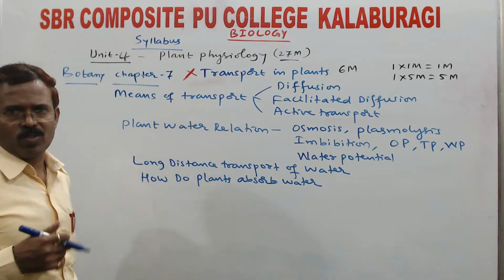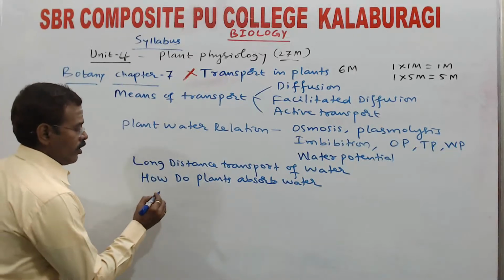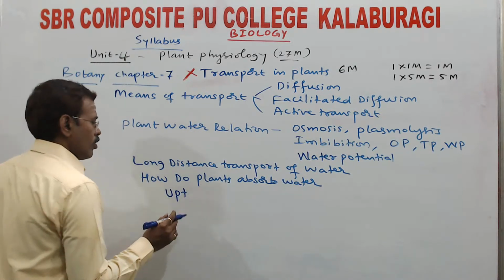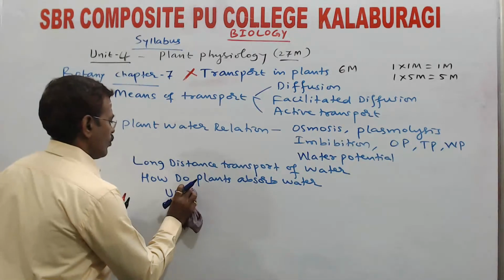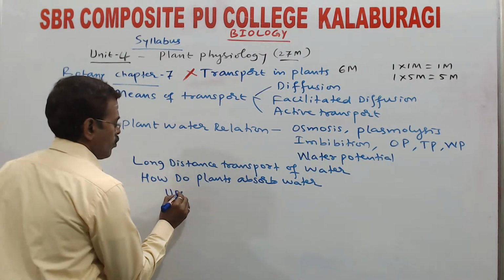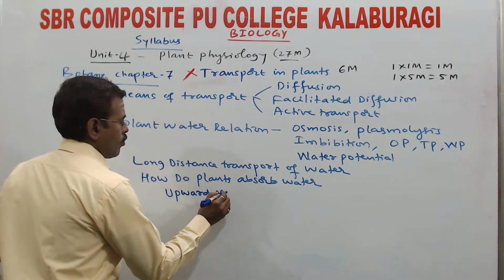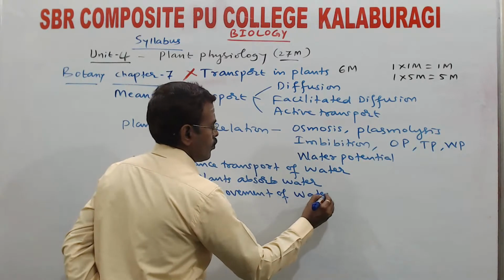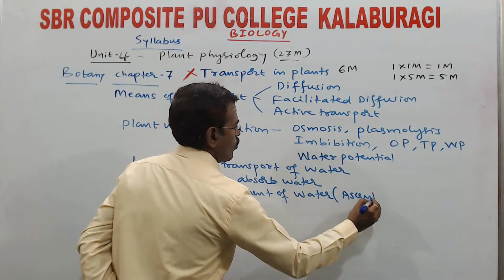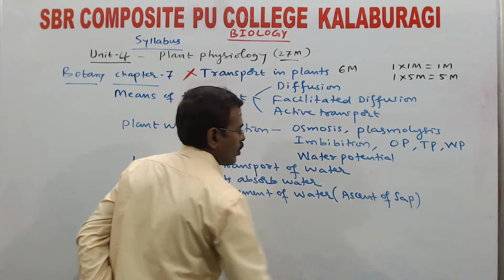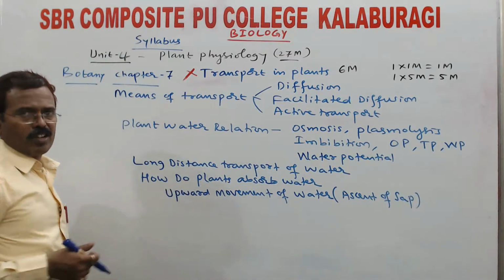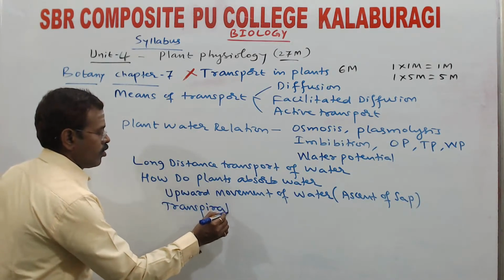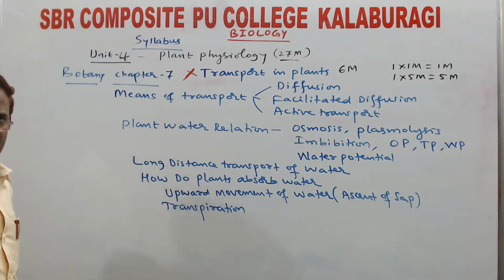We have apoplast pathway, symplast pathway, like that. Then upward movement of water, that is ascent of sap. The next concept, transpiration.